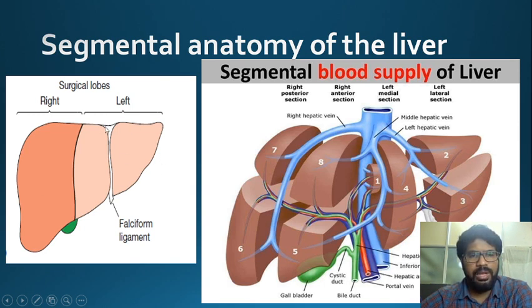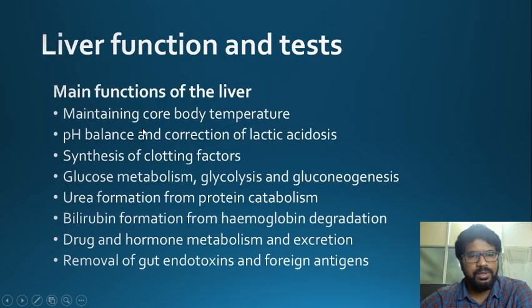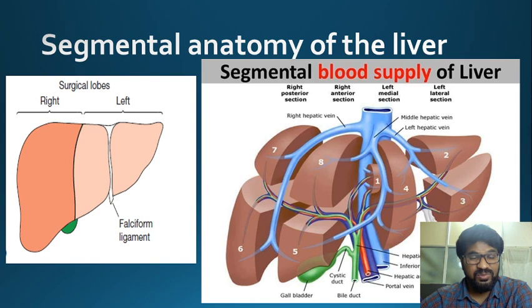These are the anatomical lobes of the liver. The right lobe occupies about 3/4 and the left lobe occupies about 1/4. This division is known as the anatomical division.